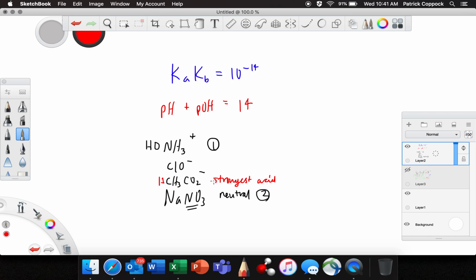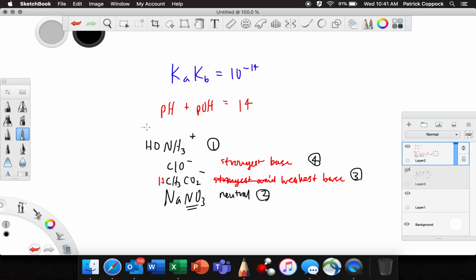So the conjugate base is going to be the weakest base. Okay? And therefore, this is going to be the strongest base. All right? And that'll be number 4.